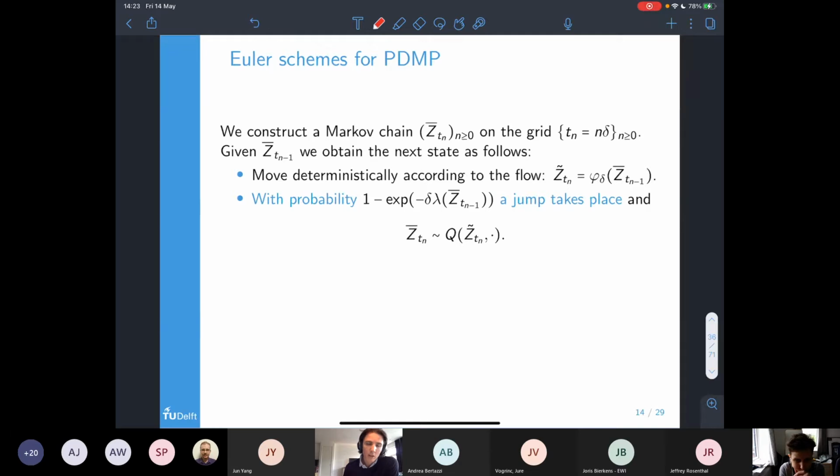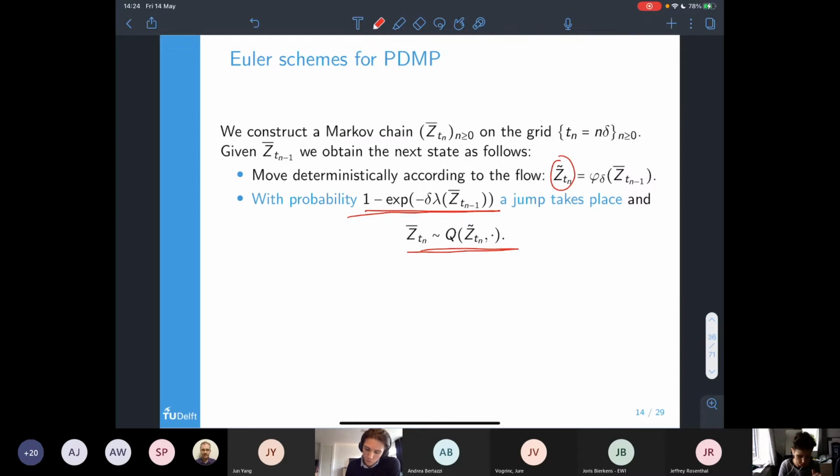Then two things happen, basically. Either a jump takes place in this time step, or it doesn't. This will be random, of course, and the probability that a jump takes place is given by the approximation that we've seen earlier. Indeed, here we're just freezing the switching rate. If this happens, we can very simply use the auxiliary variable we have defined here.